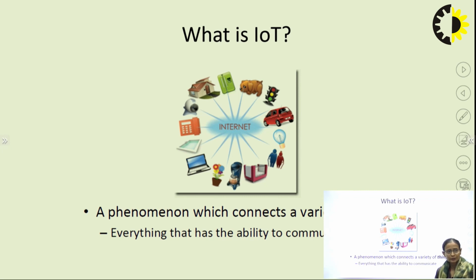If you look at the figure, we are having various devices, and all these devices are meant for a specific purpose.